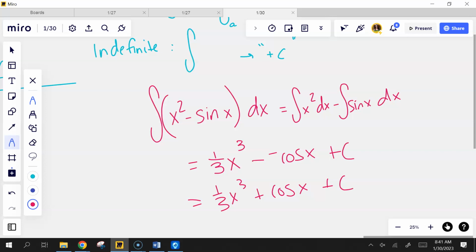Okay. Because since I was subtracting, I could split that integral up to find those values. Remember, as long as you're adding or subtracting, not multiplying or dividing, you can split the integral that way. Everybody else okay?